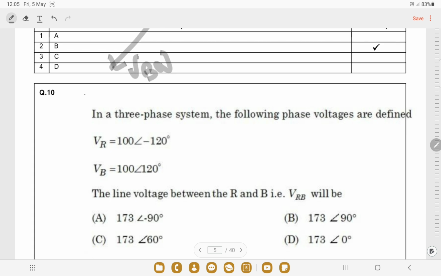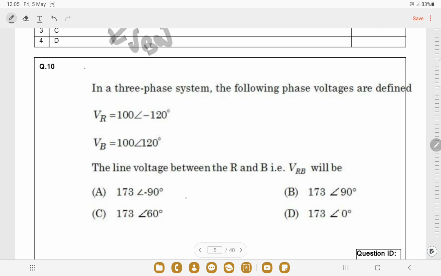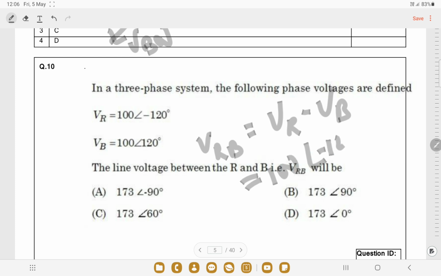Next question, the question here is given there. We have a phase voltage given as VR and VB. We need to find out the line voltage, that is VRB. So VRB will be equal to VR minus VB. Now if we solve this, we have to write 100 angle minus 120 degree plus 100 angle 120 degree.